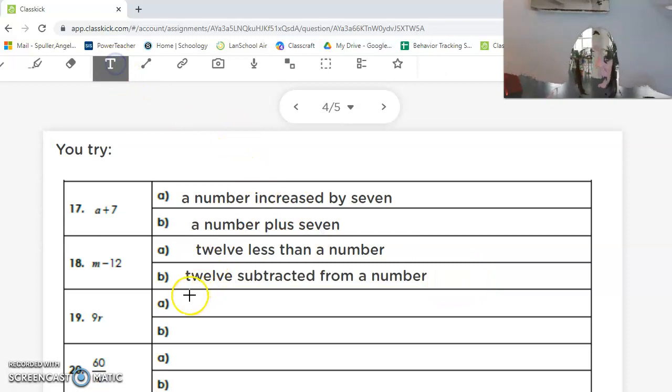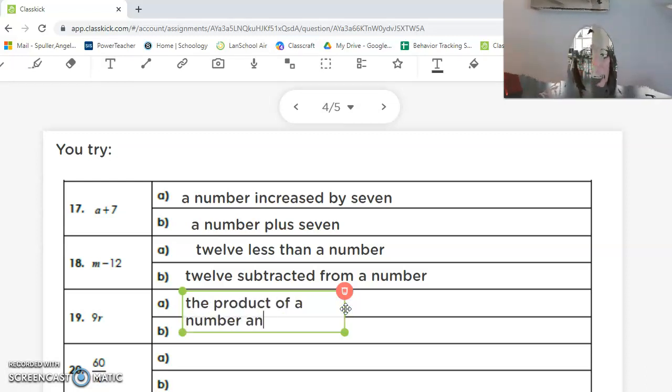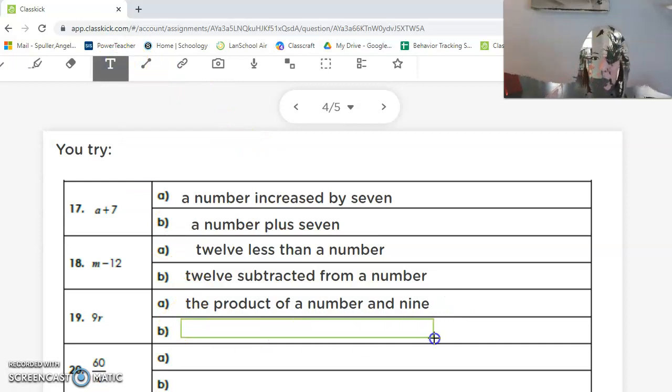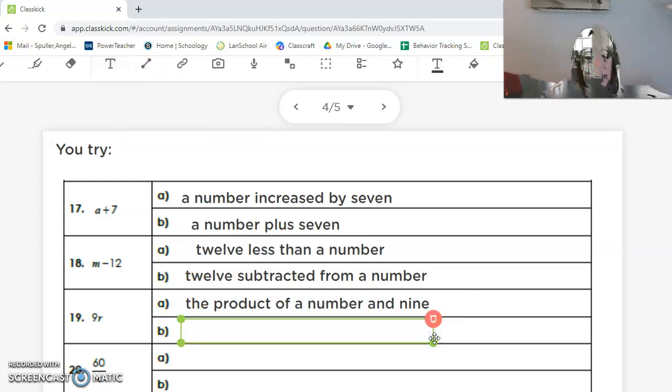All right, how about this? The product of a number and 9. Okay, we could say 9 times a number.